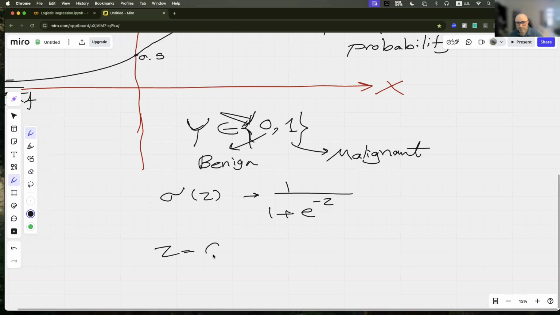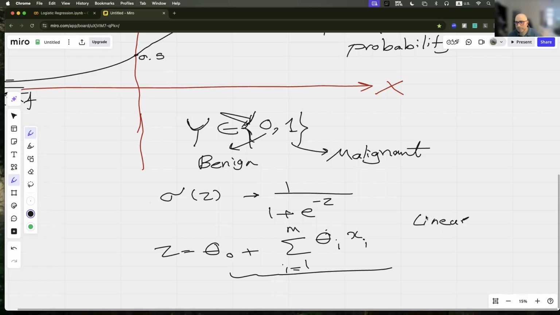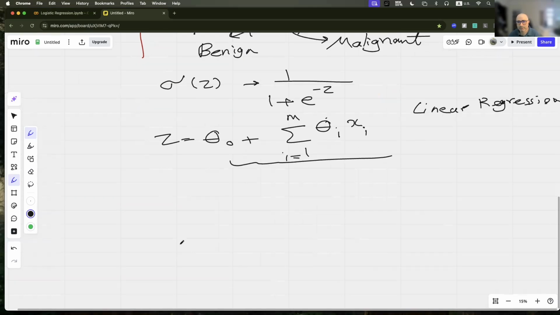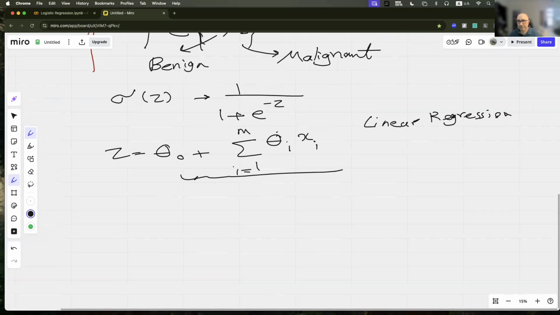Z is theta 0 plus the sum for i equal to 1 to m of theta i times x i. This looks like a linear regression equation. You should see that this is linear, and that's where the term regression comes from.